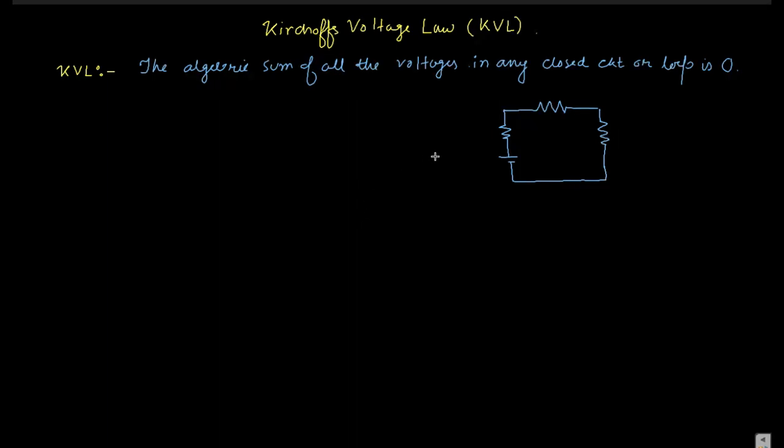You can consider this resistance as R1, this as R2, and this as R3, and this voltage as V. This is a closed path, A, B, C, D. The name of the closed path is A, B, C, D, A.